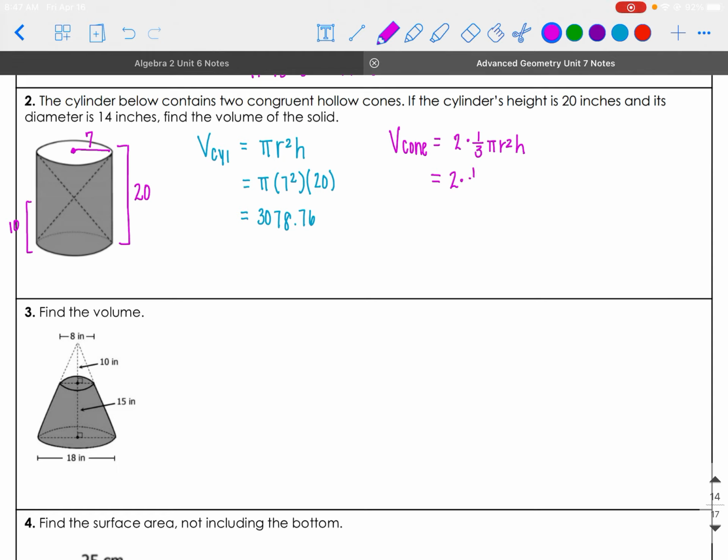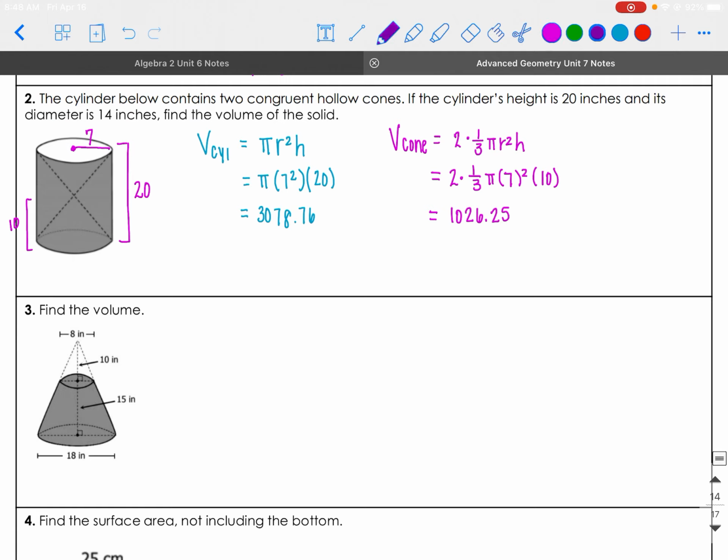It doesn't really matter. Pi r squared. Now remember, the height of each cone is just 10. And if you multiply this, you get 1,026.25.